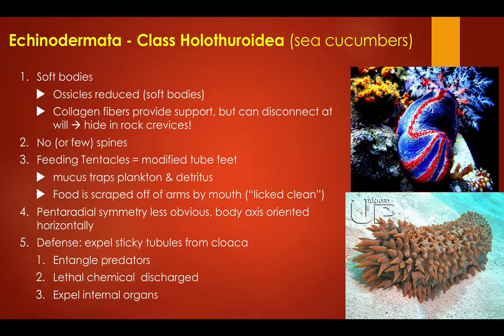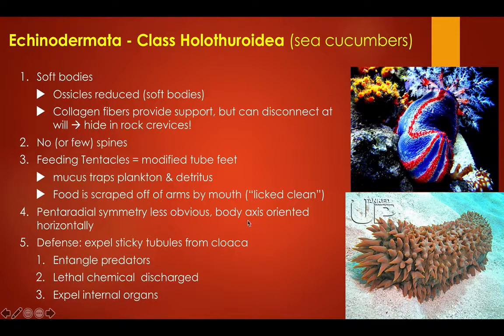As a defense mechanism, they are capable of expelling sticky tubules from their cloaca. The cloaca is kind of an all-purpose orifice. They use it for pooping, but they also use it for reproduction.